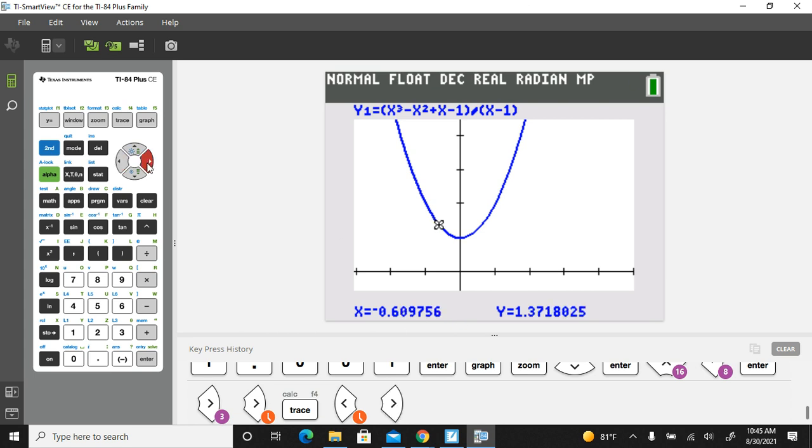As my x coordinate gets closer to 1, what does my y value get closer to? 2, yeah. Then we can do it from the right-hand side too. I start way over here, and as my x coordinate gets closer and closer to 1, what does my y value get closer to? 2. That's why my limit is 2.